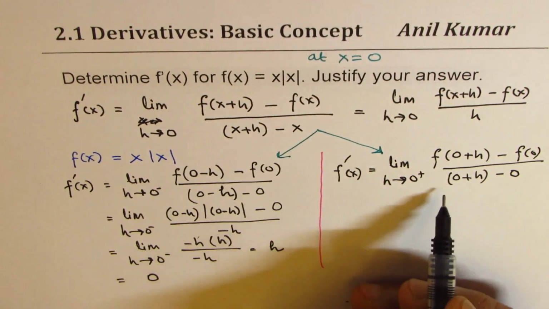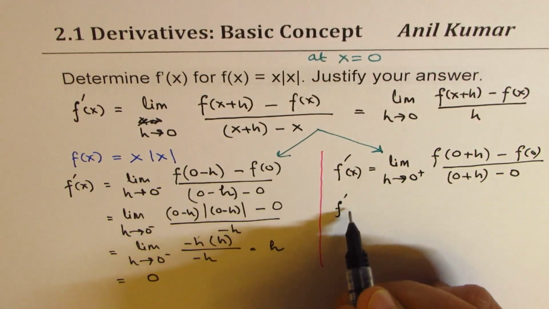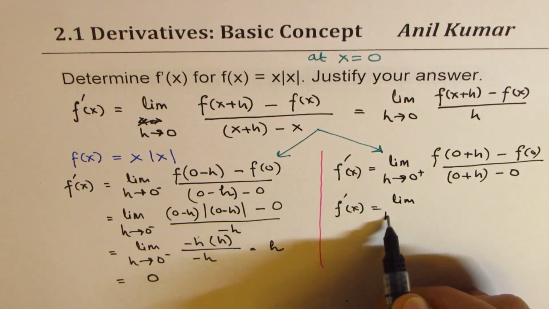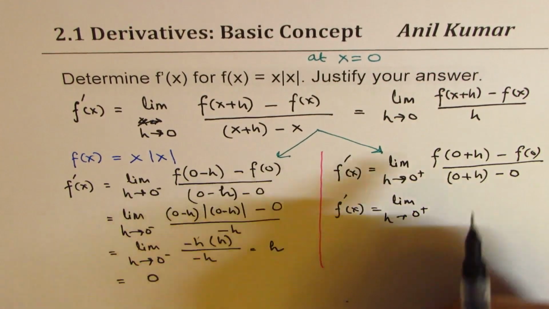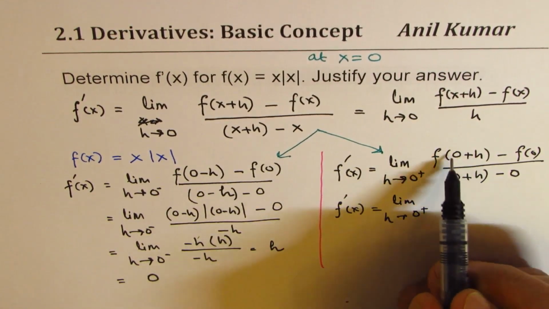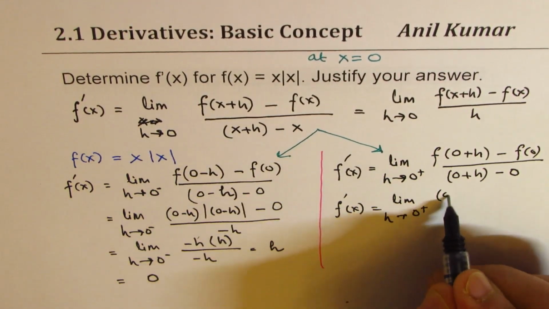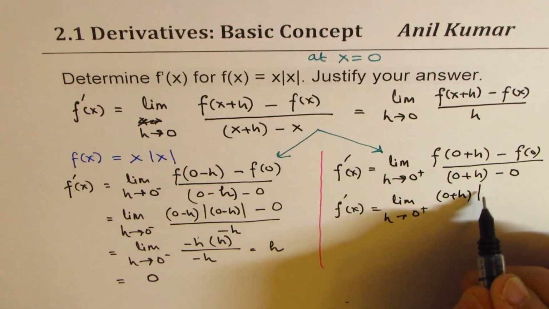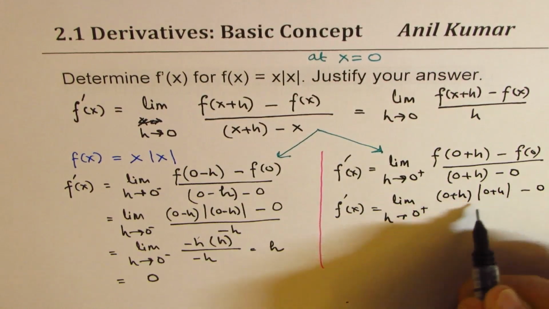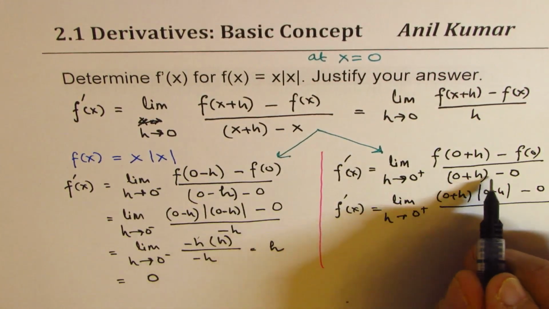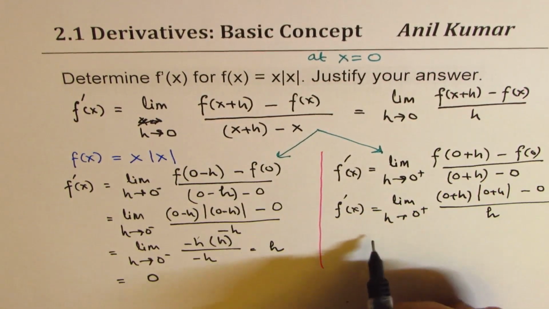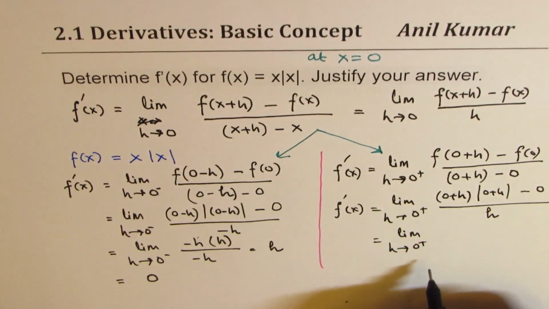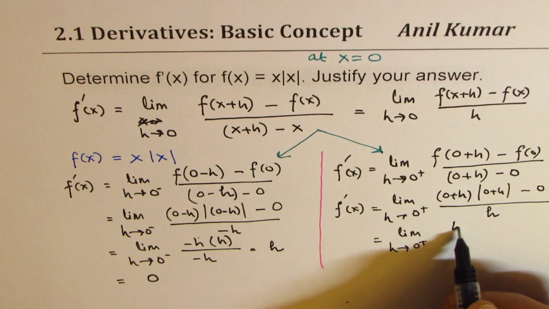On the other hand, the derivative of this function is limit h approaches 0 from the right side. Substituting 0 plus h for x, we get absolute value of 0 plus h minus 0 over 0 plus h minus 0, which is h.